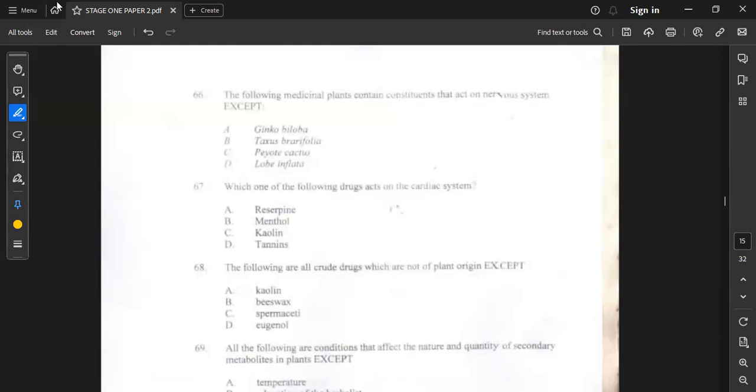Also, ginkgo biloba is used to treat blood disorders and memory issues. So that means it acts on the nervous system.